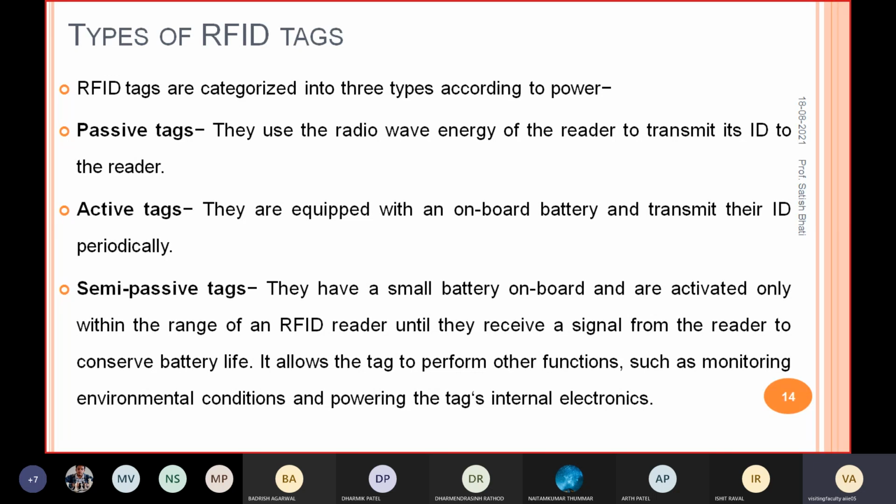And the active tag means your tag is equipped with an onboard battery, and it will use the power from that battery to transmit the data, right? Then the semi-passive tag means a combination of active and passive. So in semi-passive tags, it has a small battery on board, right? But this battery is activated only when your tag comes in the range of your reader.